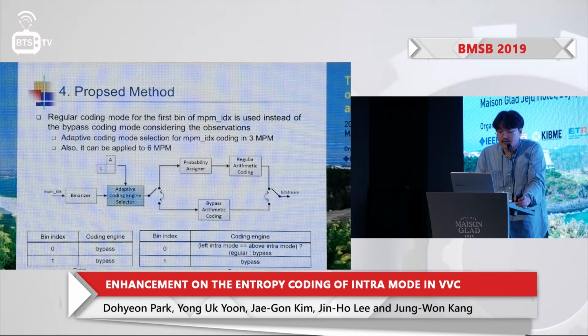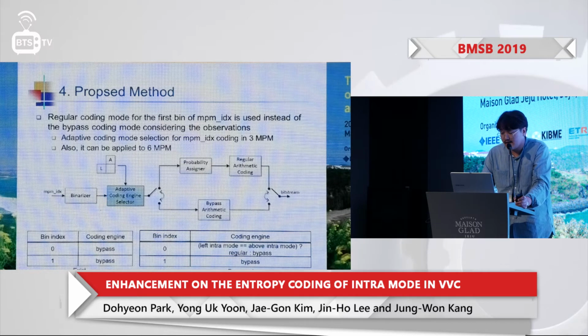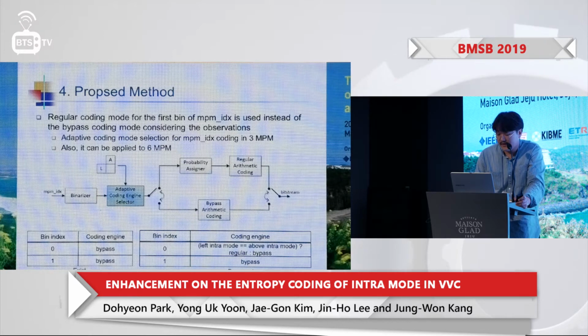This figure is the proposed entropy encoder. Firstly, the binarizer converts the MPM index to the truncated unary code word. Then, for the first code of the code word, the adaptive coding engine selector checks the left block and above block.